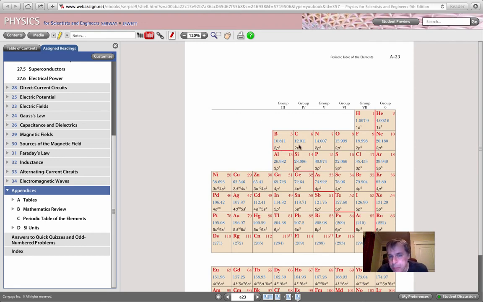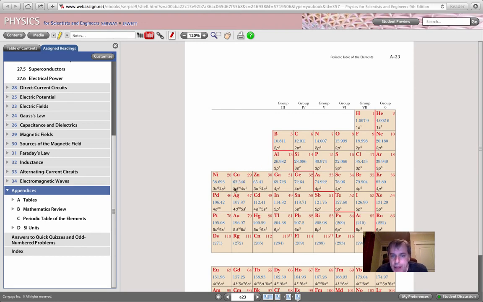So what is that? Let's say you have carbon. This blue number is the mass in grams, not in kilograms, but in grams, of 1 mole of that element. So carbon has a mass of 12.011 gram per mole. I'm going to use this number in a minute.